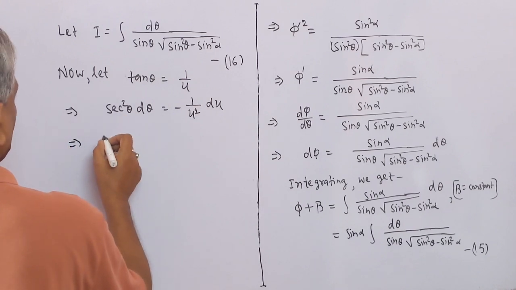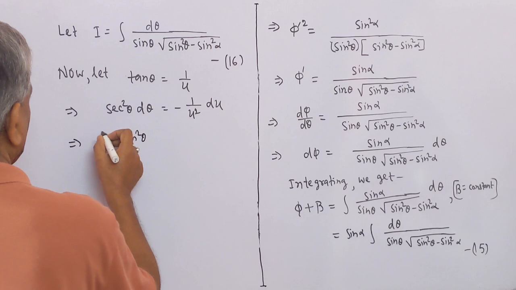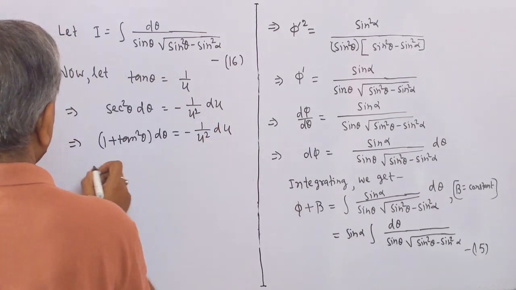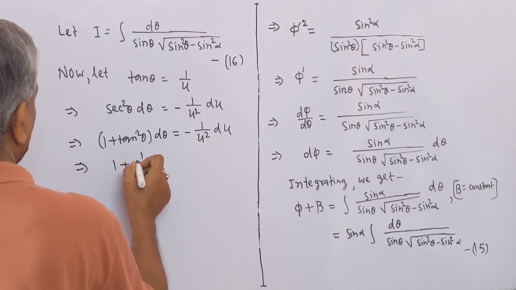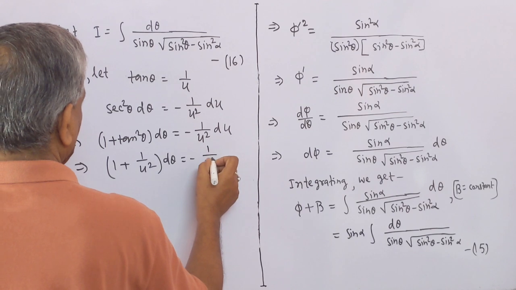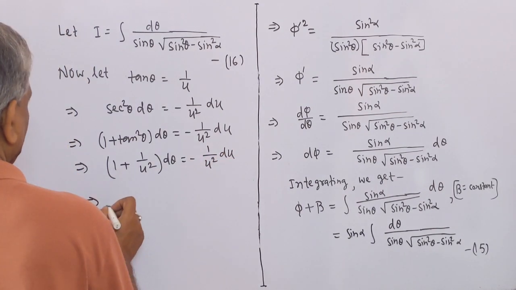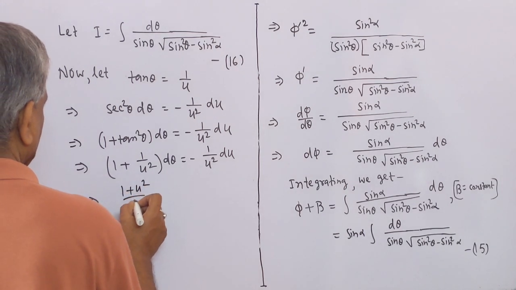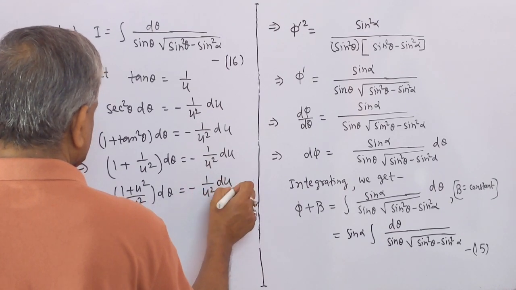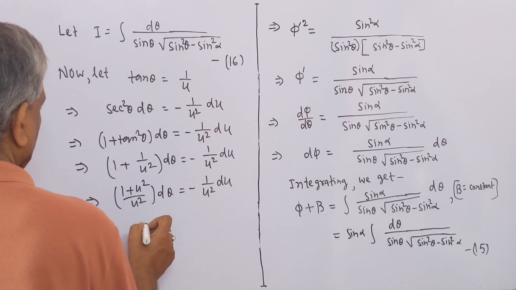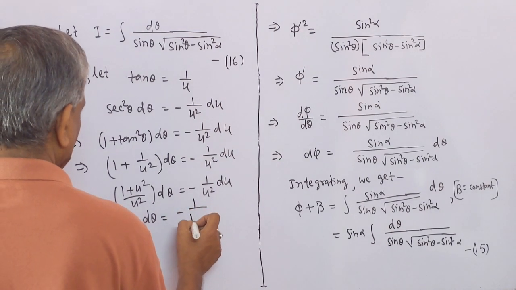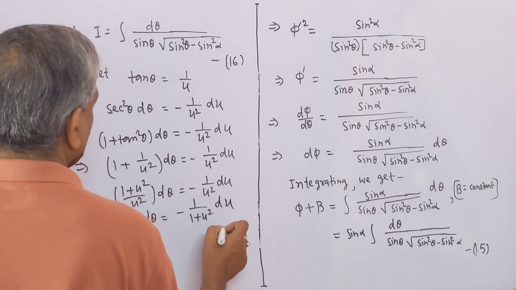Implies that since sec square theta is 1 plus tan square theta, this is 1 plus 1 by u square d theta equal to minus 1 by u square du, implies that 1 plus u square by u square d theta equal to minus 1 by u square du, implies that u square cancels and d theta equal to minus 1 by 1 plus u square du. Let this be number 17.